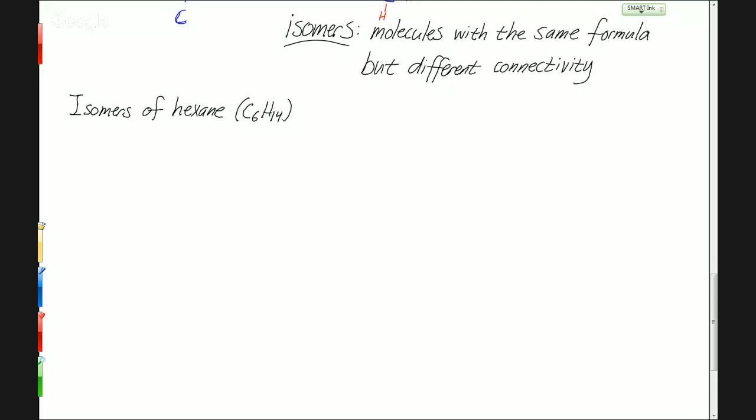And then 1, 2, 3. So yes, those both have 5 carbon chains, but they're different because in this one, the carbon is on the 4th carbon, and in this one, the extra one is on the 3rd carbon. So we can see how that's a little bit different. And even if we number them starting on the right instead of the left, we would still get the same thing. So those are actually different.